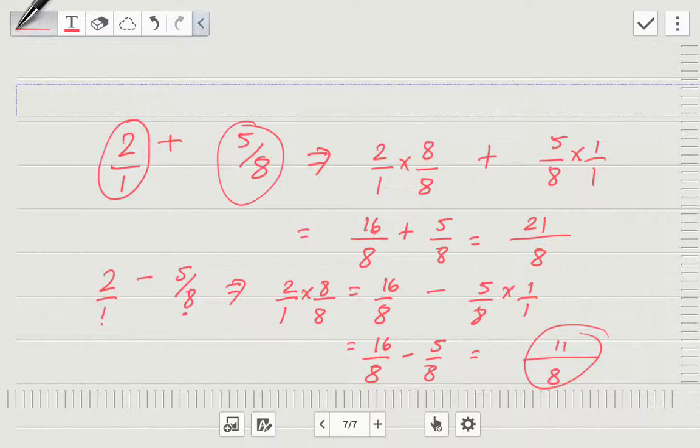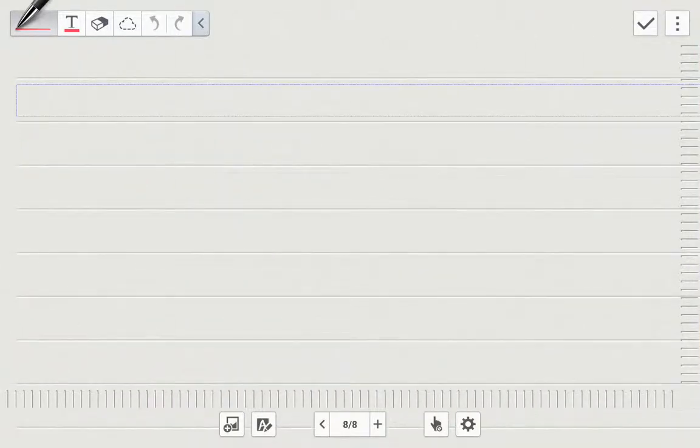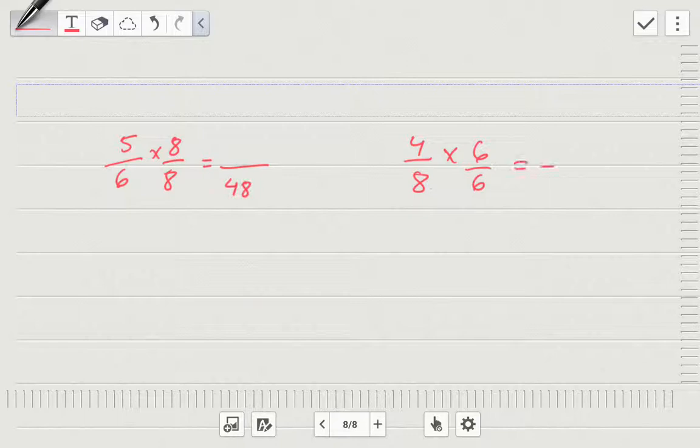One easy strategic choice is the denominator of the other fraction, and this always works, because if you had a fraction 5 divided by 6 and you had another fraction 4 divided by 8, the strategic choice of 8 here, because the denominator is 8 here, the strategic choice of 6 here, because the denominator is 6 here, always yields you the same value on the bottom, because 8 times 6 is same as 6 times 8.